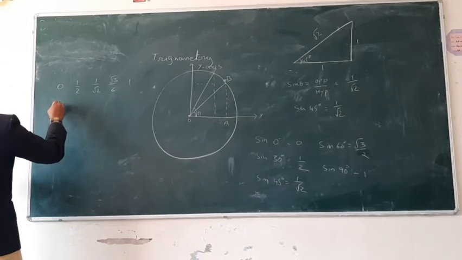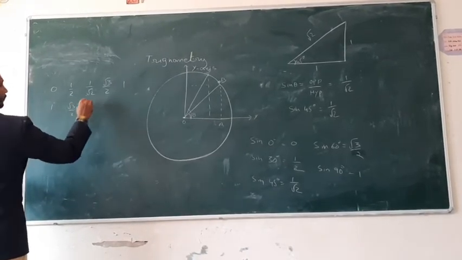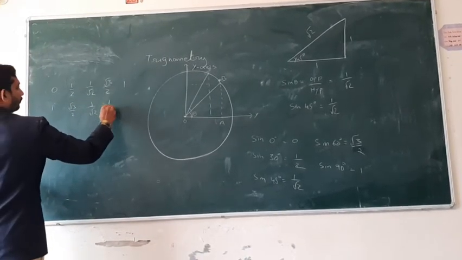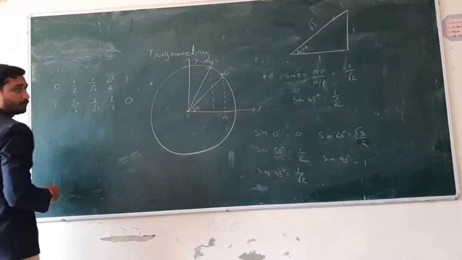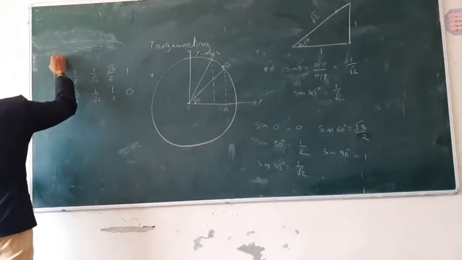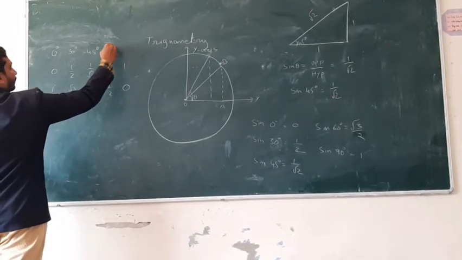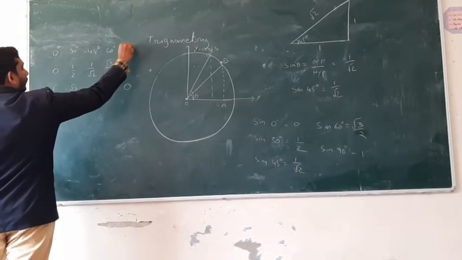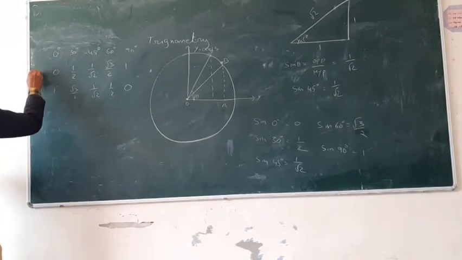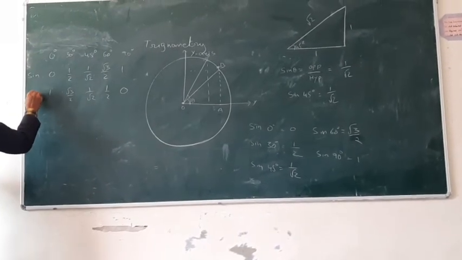I will reverse this: 1, root 3 by 2, 1 by root 2, 1 by 2, 0. This is 0 degrees, this is 30 degrees, 45 degrees, 60 degrees, and 90 degrees. These are the values of sine, these are the values of cos.